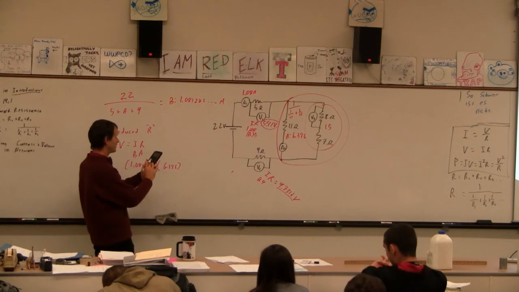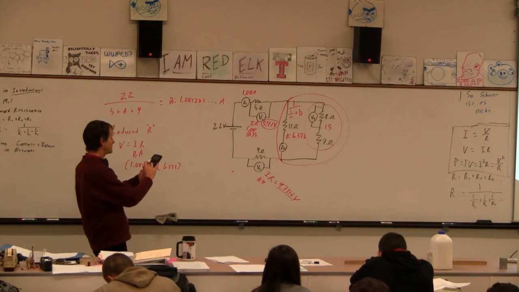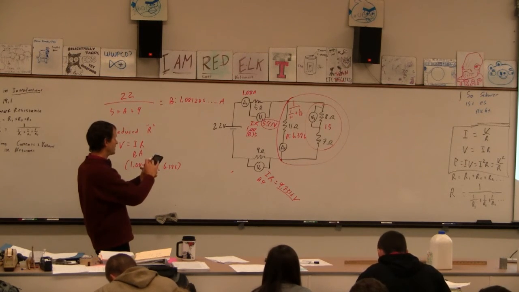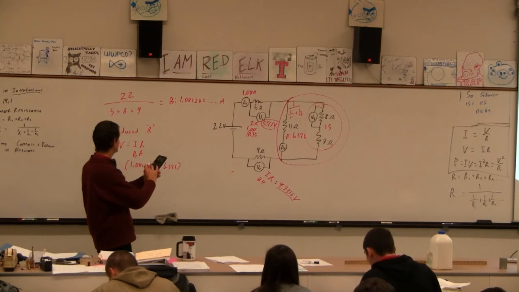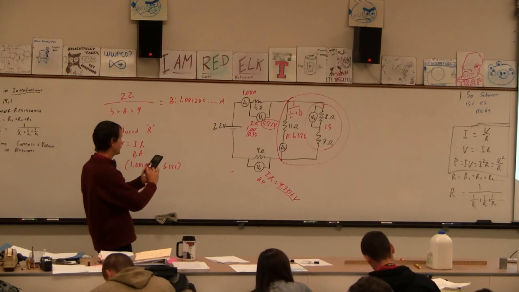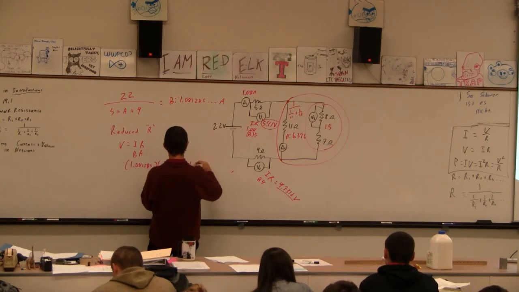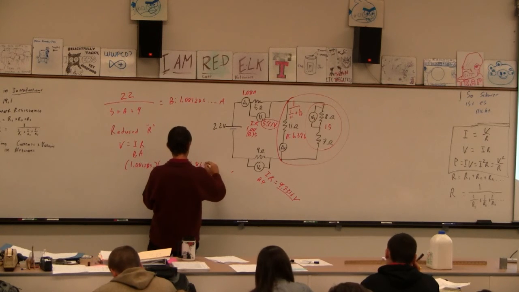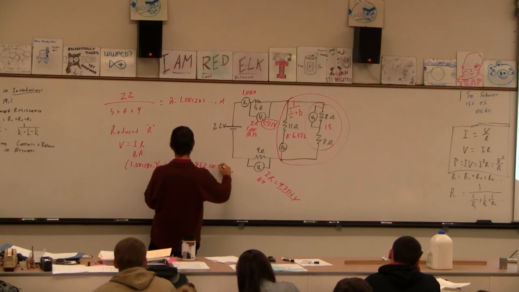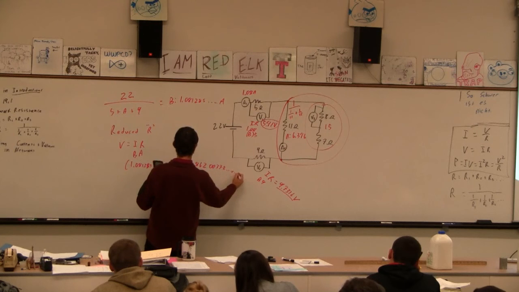All I have to do on my calculator is go alpha B times alpha A, and I'm going to store that in C. That is 6.862, and so on.